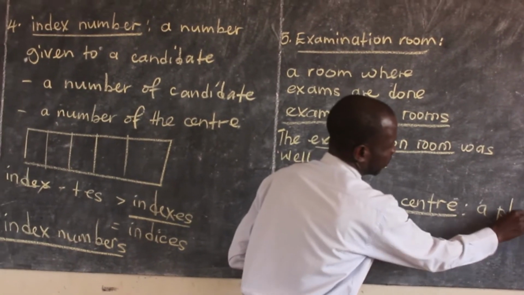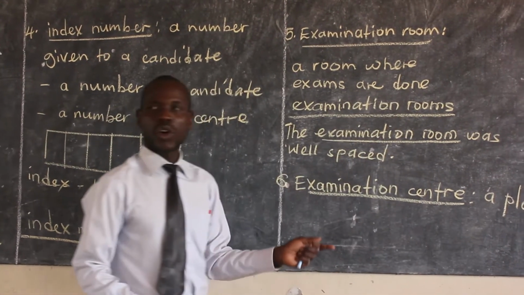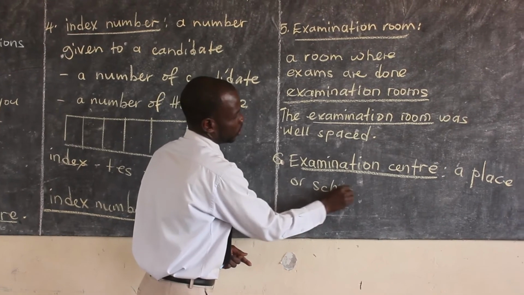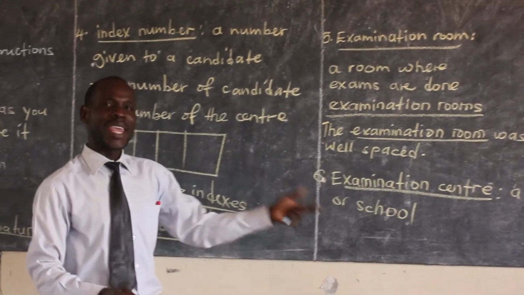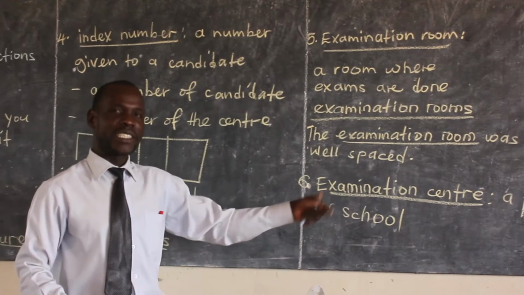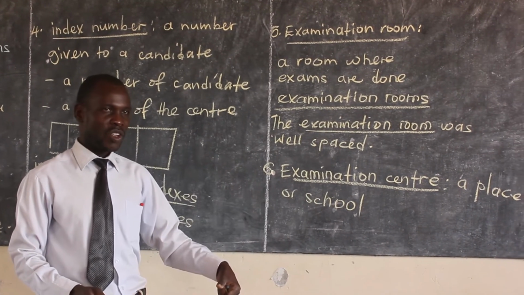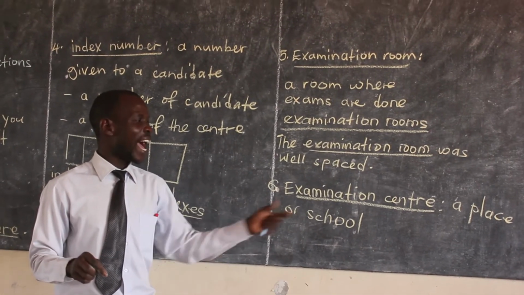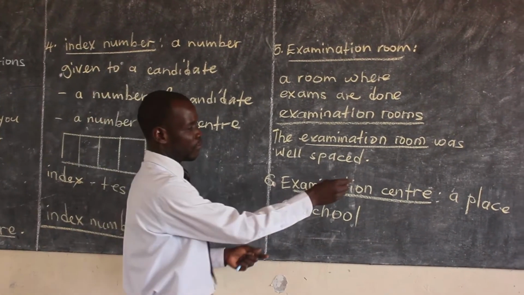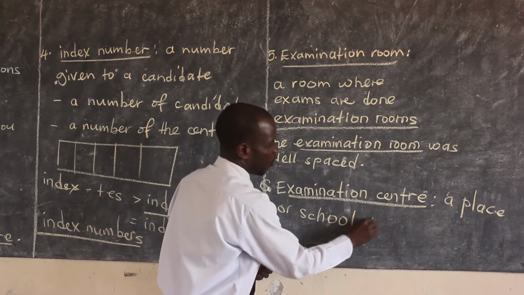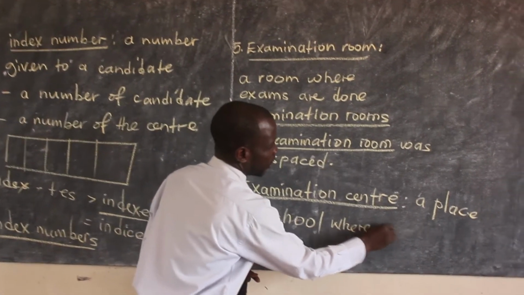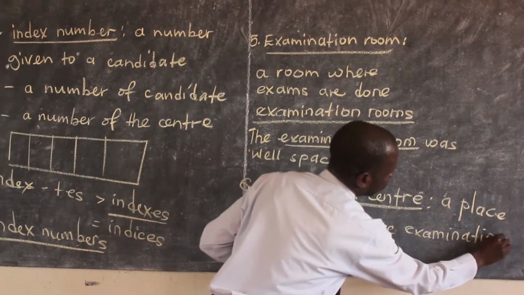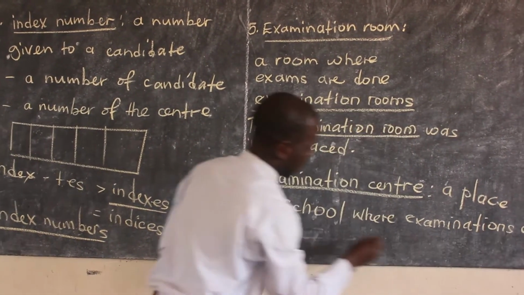We can call it a place, or if not, we can say a school where a formal test is held. If we don't want to say a test, we can say where examinations are held. A place or a school where examinations are held.